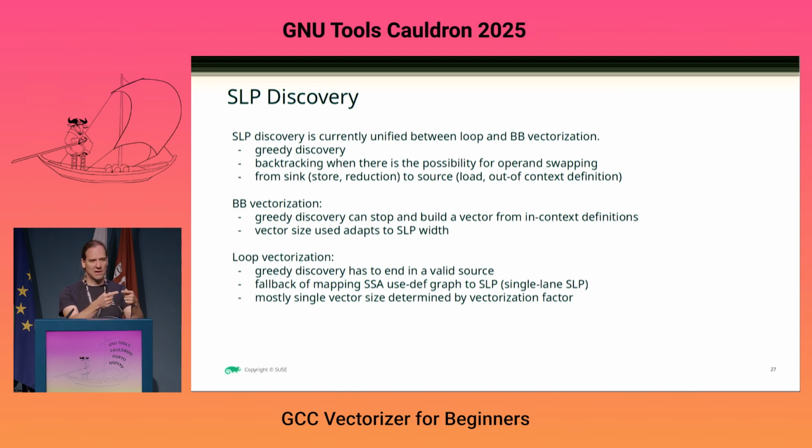If we arrive at two compatible statements, like two plus operations, then we make an SLP node out of them and recurse to the children. Sometimes one of the lanes is a plus and one is a multiplication. Oops, that doesn't combine. So the greedy discovery will say no, and we will backtrack, and eventually can swap operands of two plus operations and hope that it will match with the next try. So we are doing greedy discovery with some limited backtracking, limited because of compile time.